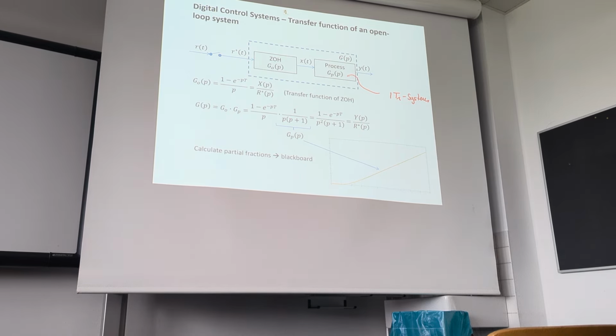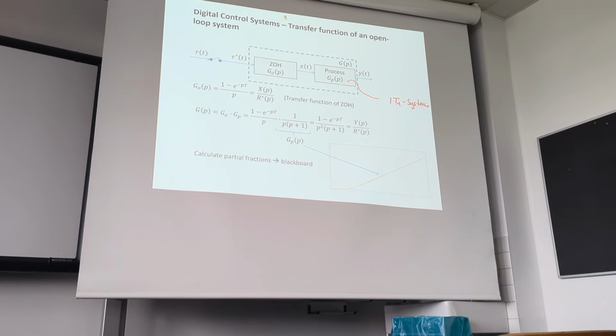So let's start with 1 over p squared times (p plus 1). If we would like to simplify that in a way that we can use the lookup table, what do you have in mind? Which mathematical tool could be used in order to simplify this expression further?